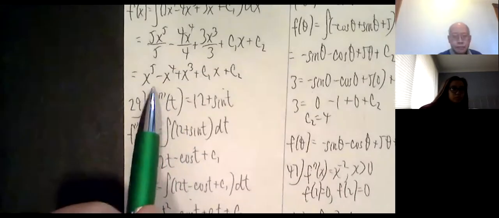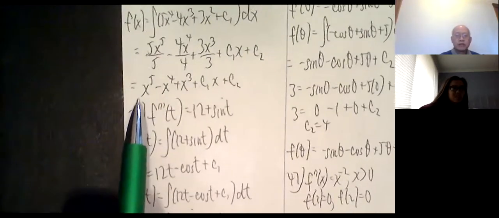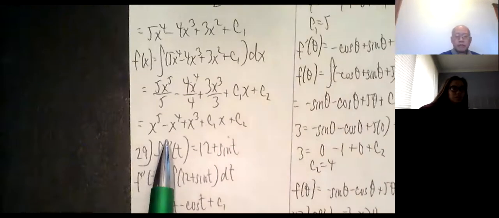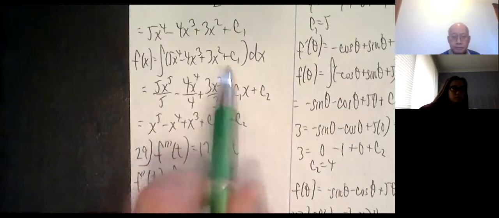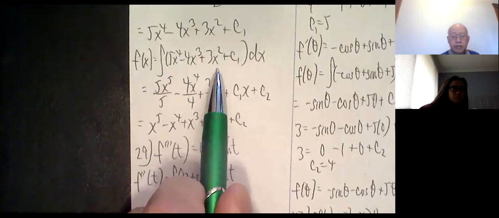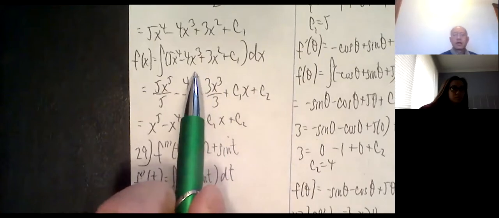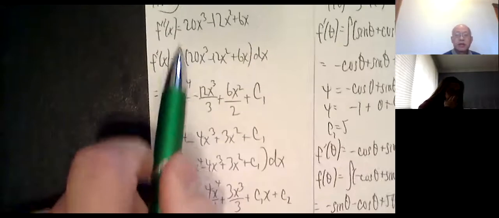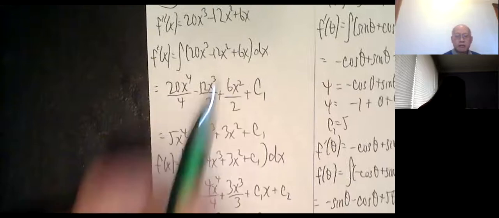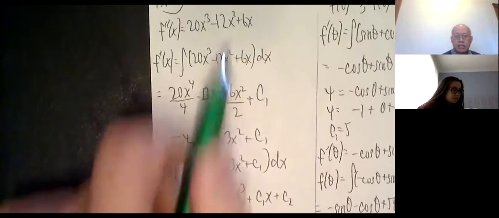Okay, let's try it. What's the first derivative? Well, 5x to the 4th minus 4x cubed plus 3x squared plus C1, right? So that definitely checks. What is the second derivative? Then I differentiate this. So the derivative of this would be 20x cubed. There it is. Derivative of that is minus 12x squared. There it is. Derivative of that is 6x. There it is.